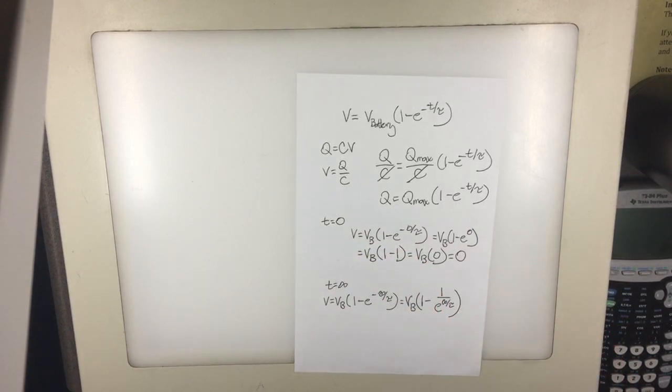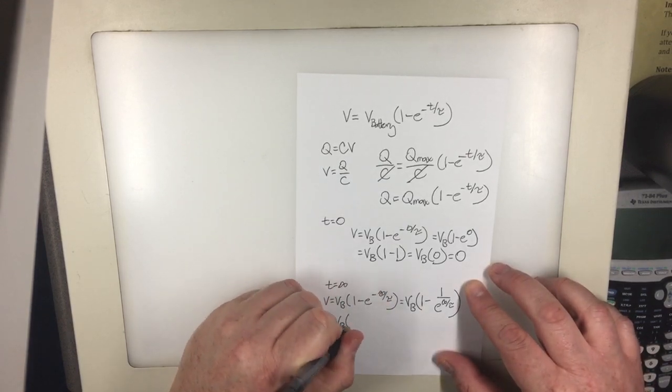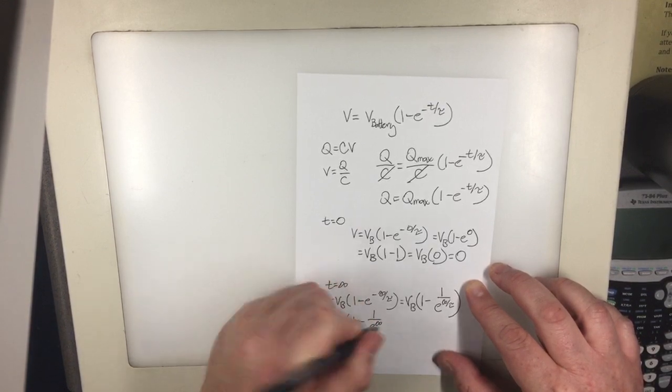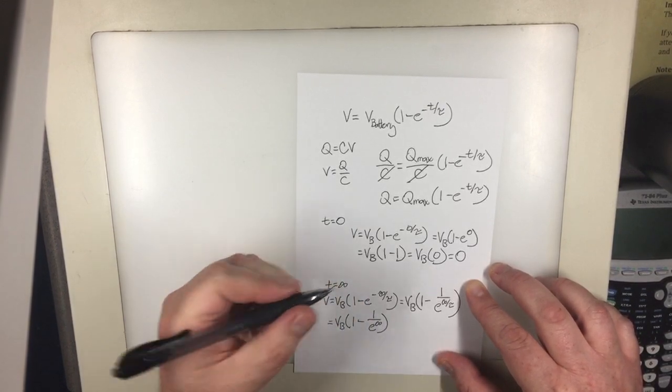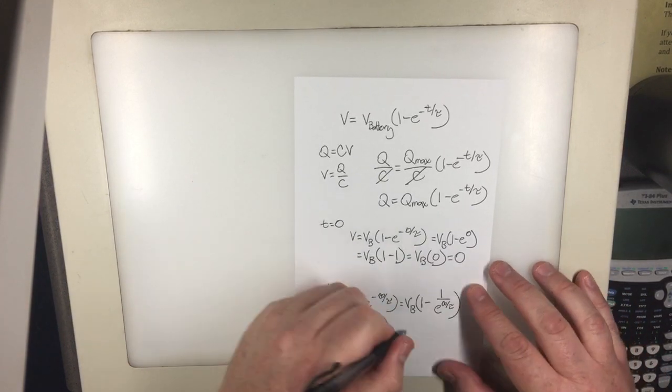Now, infinity over tau is still infinity. So this becomes VB 1 minus 1 over e to infinity, which is 1 over infinity, so 0.